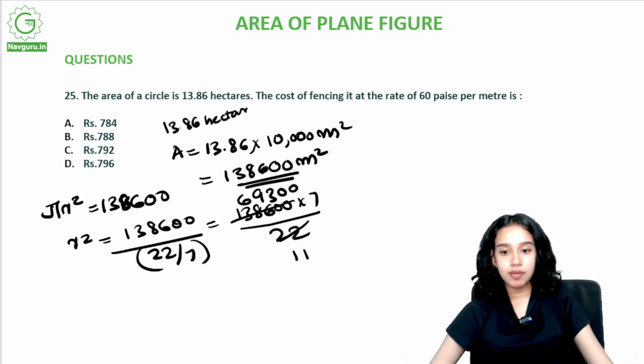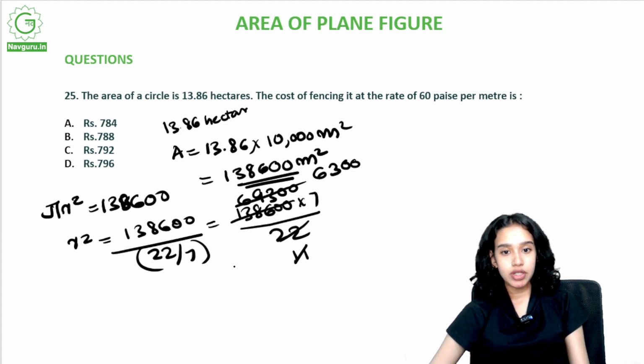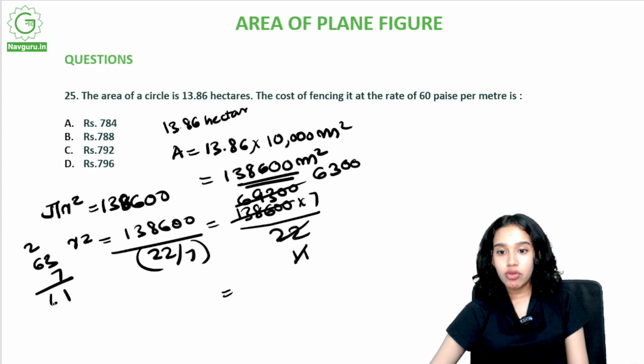Now what is r? Right? So we have r is equal to, we could cut this out. We could get 6 11s are 66, 3 and 300. Now we have 6300 into 7, 63 into 7 is 7 3s are 21, 6 7s are 42, 42, 43 and 44.